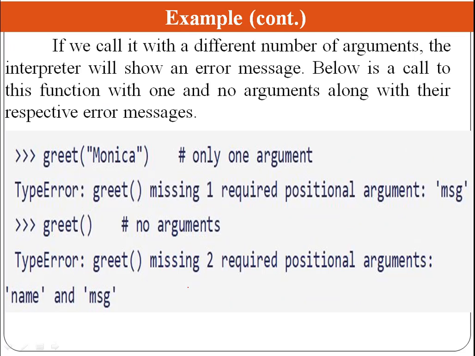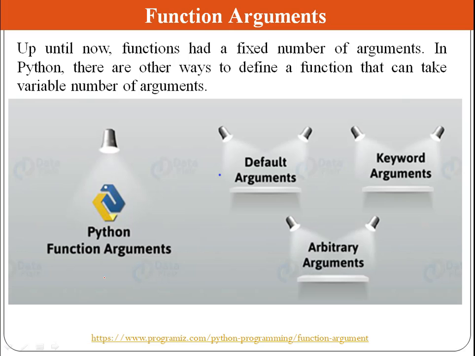Here you can see you have tried to call it with only one argument, and it has given missing one required positional argument. Then with no arguments, missing two required positional arguments. One is name, another is message. So three types of function arguments are there: default arguments, keyword arguments, and arbitrary arguments.